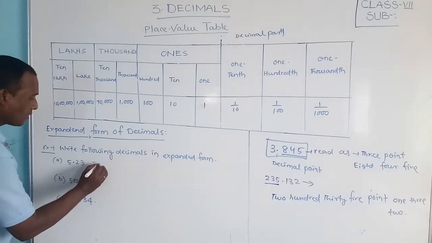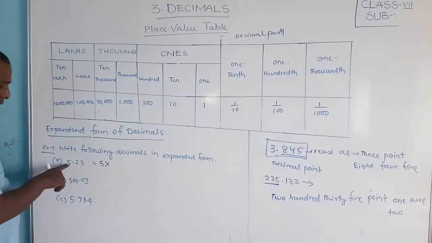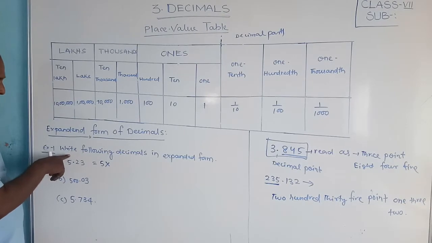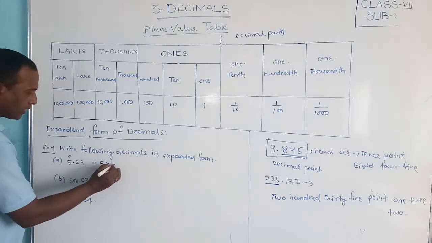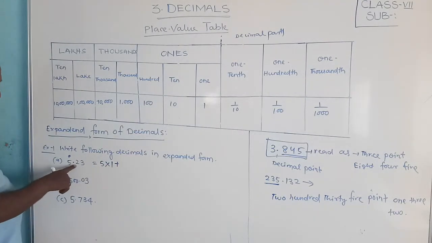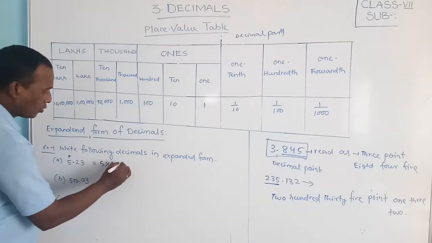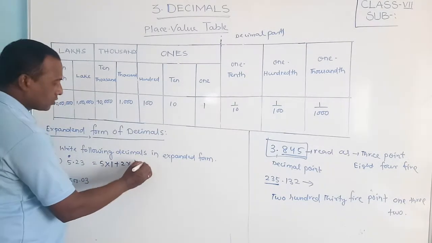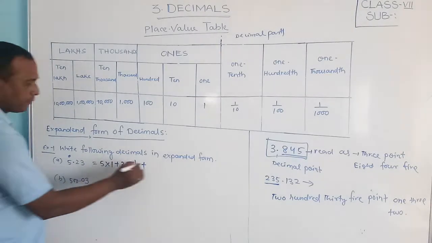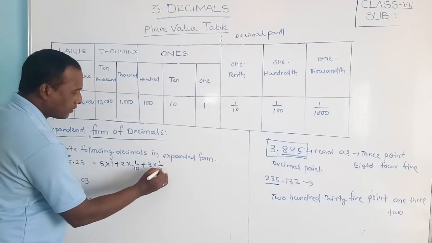So now write down 5 into its place value. Which place is it? Because it is ones place, 5 into 1, plus the decimal number after. So this is 1/10, so 2 into 1/10, plus what is the place value here? 3, so 3 into 1/100.